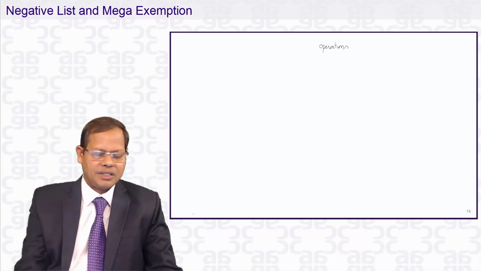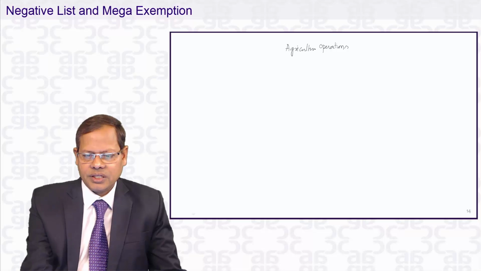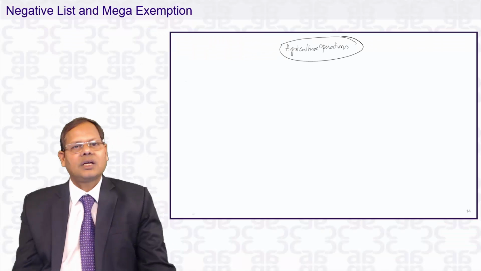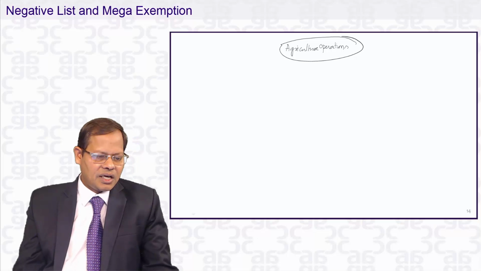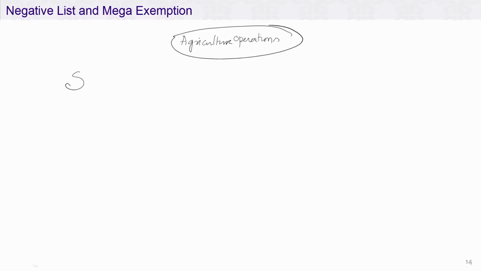Let me put it like this: services relating to, what are the services? I'll present in a presentable form first and then I will explain. Services related to agriculture or agricultural produce. S stands for services.